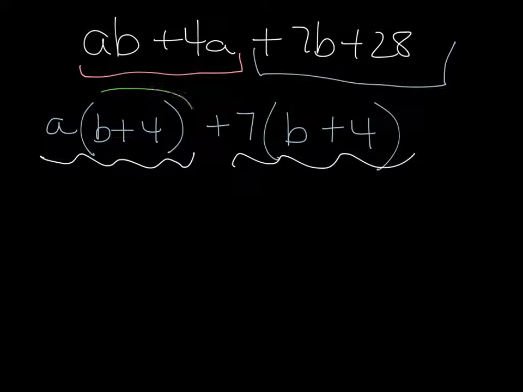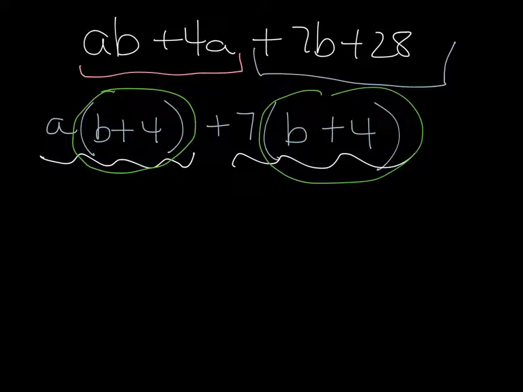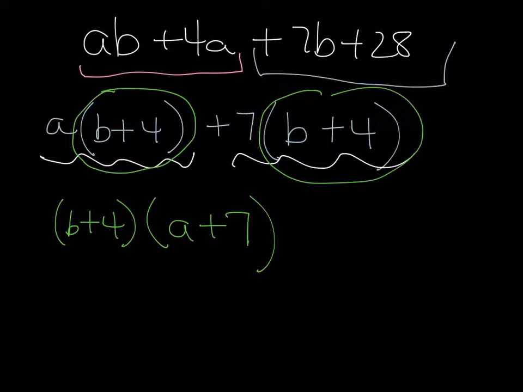This term has a B plus 4, and this term has a B plus 4, so that's their common factor. We take a B plus 4 out, and what do we have left? We have A plus 7.